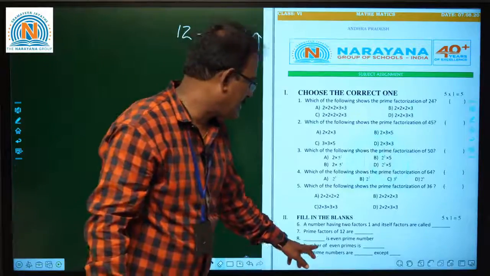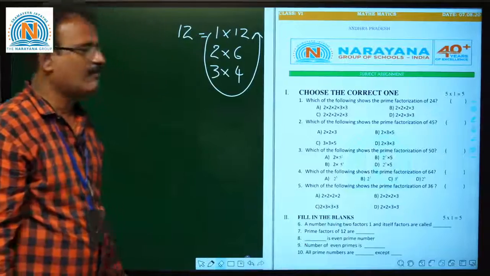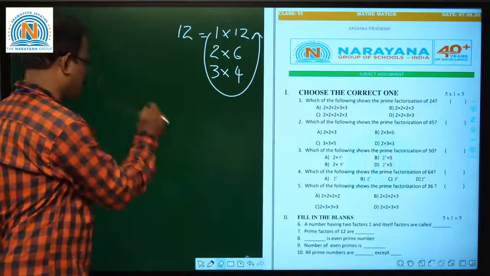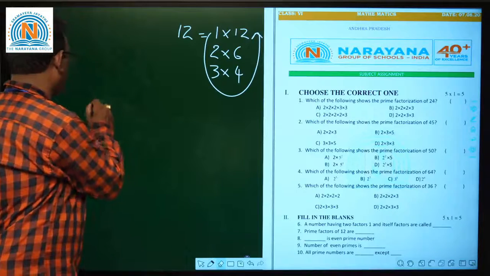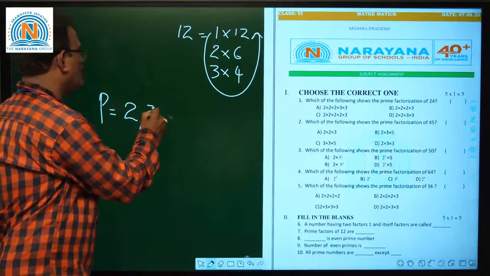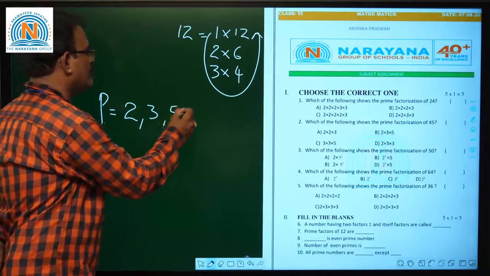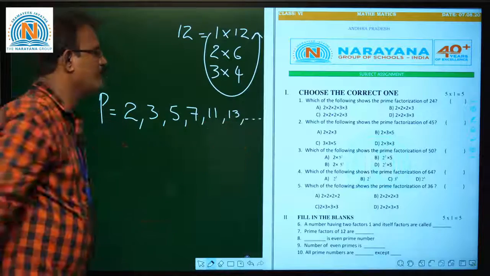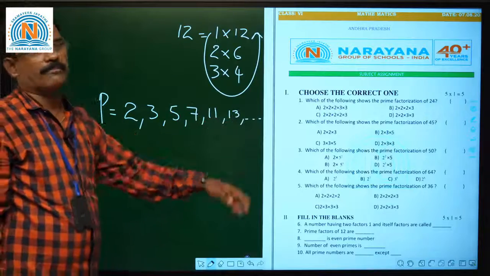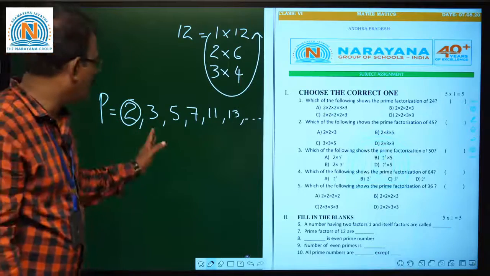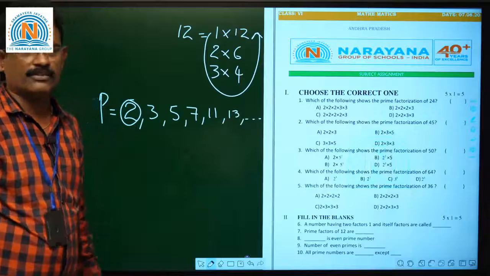Our next question: dash is an even prime number. If you consider the set of prime numbers, 2, 3, 5, 7, 11 and 13 and so on, out of all prime numbers except 2, the remaining are all odd numbers.